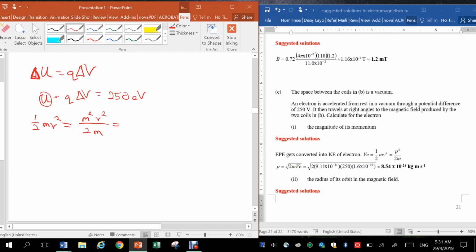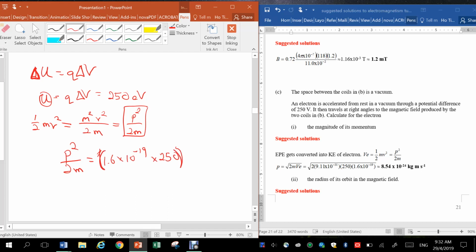So mv squared is p squared over 2m. So we know that p squared over 2m is 250 electron volts, so that's essentially 1.6 times 10 to the power minus 19 to convert it to joules, times 250 volts. That's the amount of energy in joules that we have.